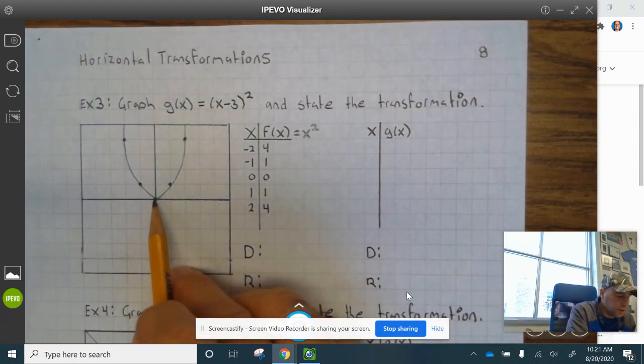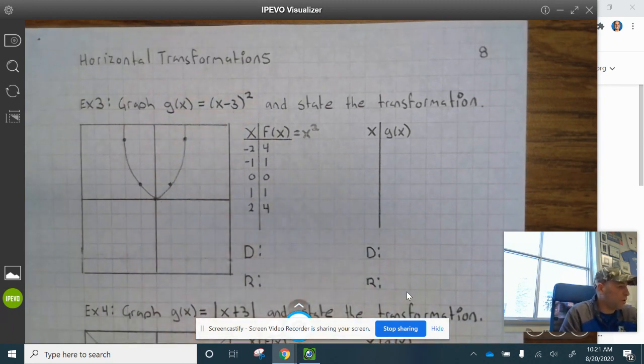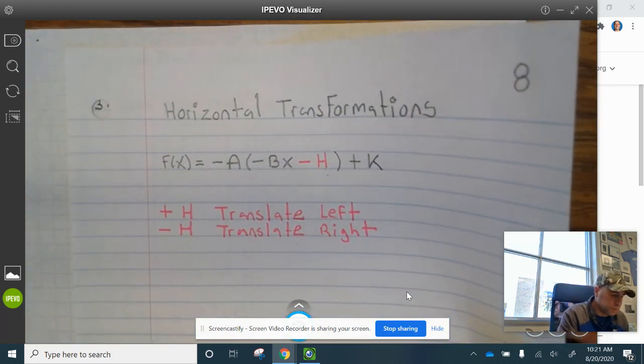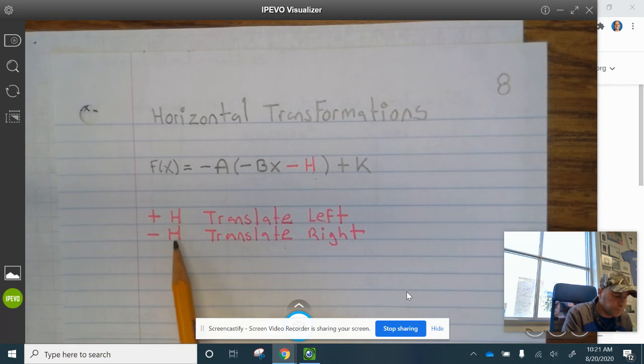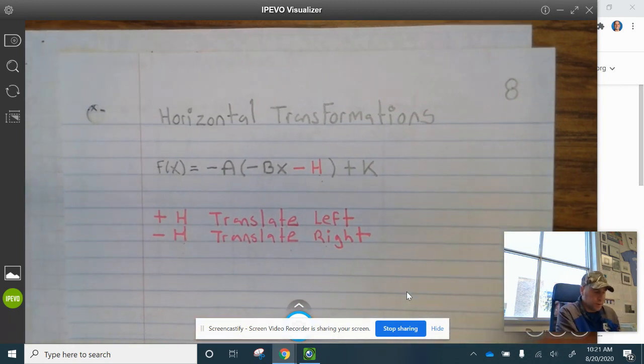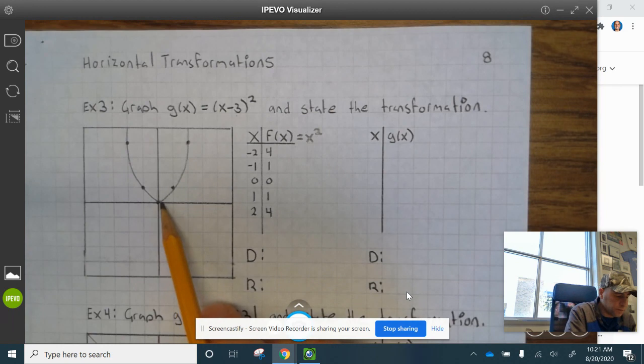We know we're going minus 3, so we go back to our notes. We know that when it's minus h, we're translating right, okay? So we're going to move this graph 3 units to the right.